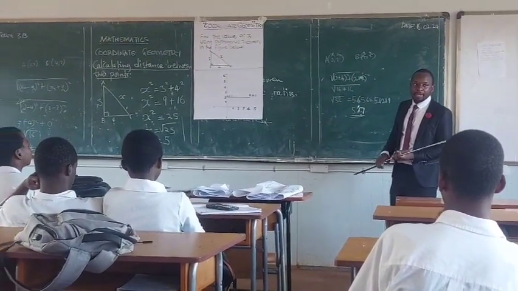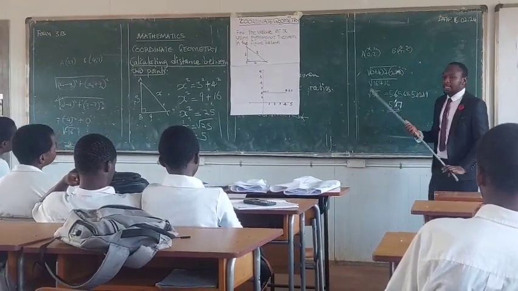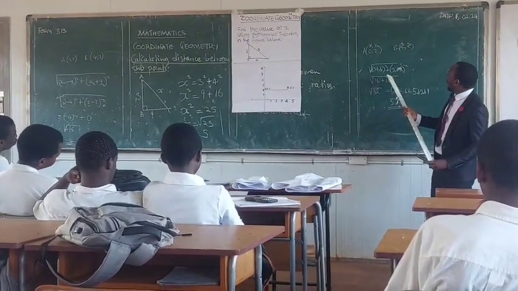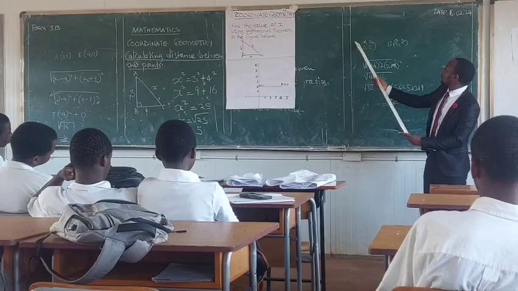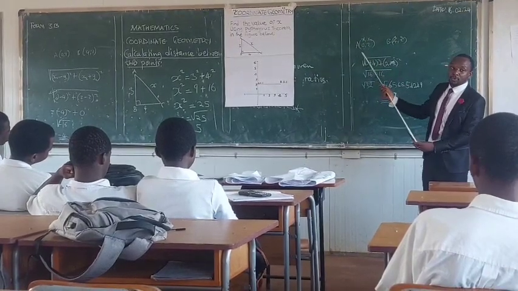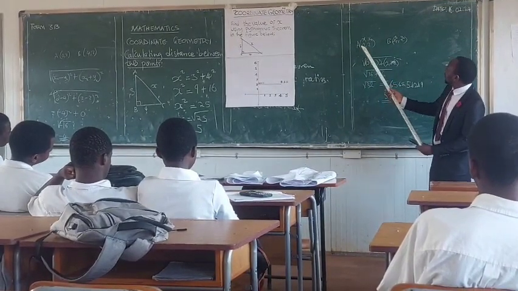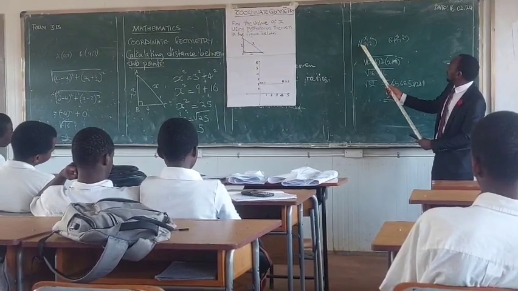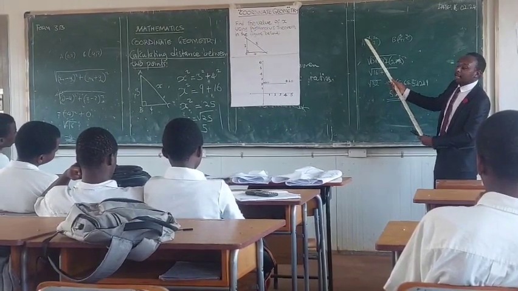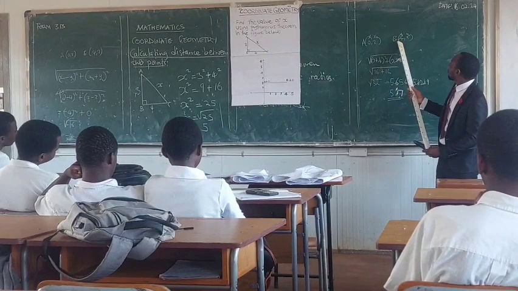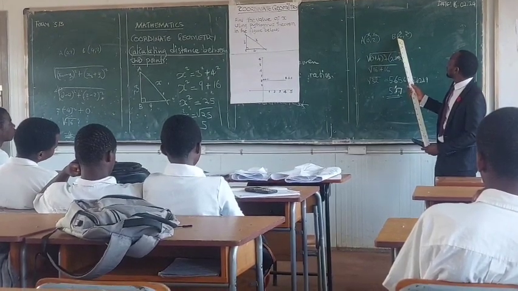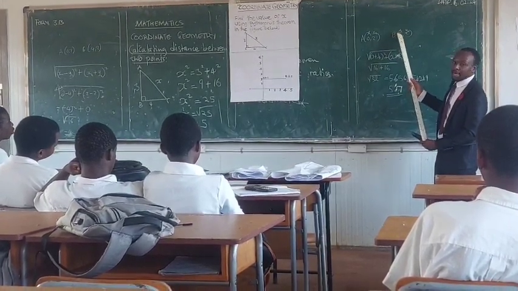Are we together? The mistake she has made, when we make reference to the coordinates we have: this side says 0, and 0 here is for x1. And this side she has used 4, and 4 here she says is y1.